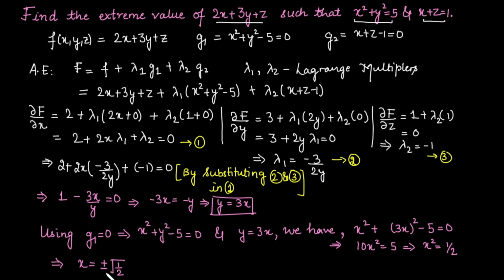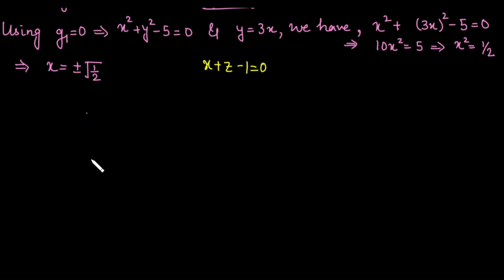After calculating the value of x, now we need to calculate the value of y and z. For that, use the given conditions. First condition is x square plus y square minus 5 is equal to 0 and the second is x plus z minus 1 is equal to 0. From here or from here, we can find the value of y, whereas the value of z is calculated from this condition, that is x plus z minus 1 is equal to 0. How to evaluate that?